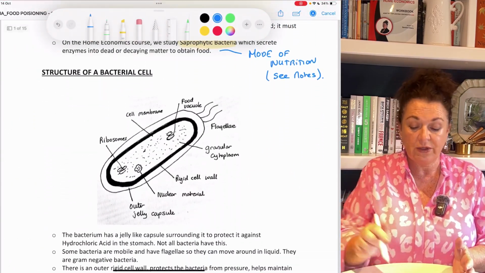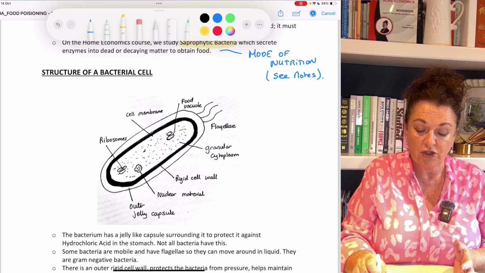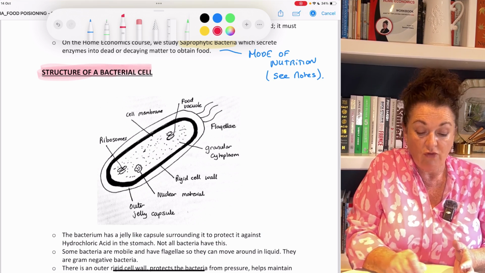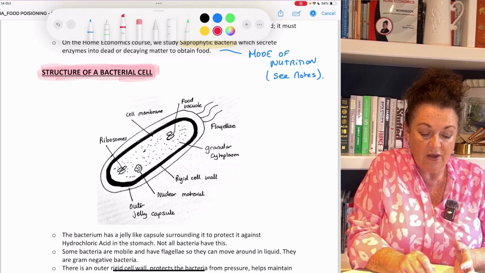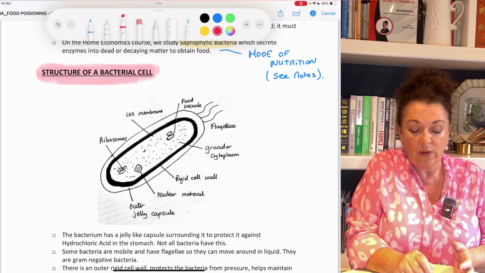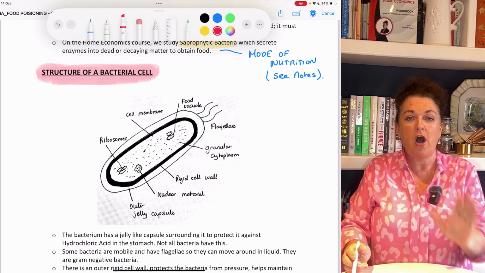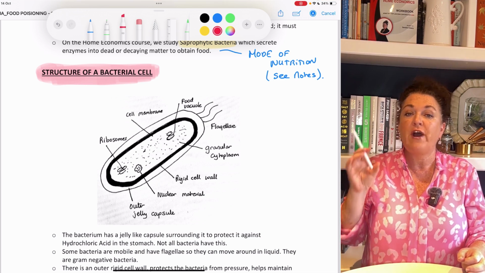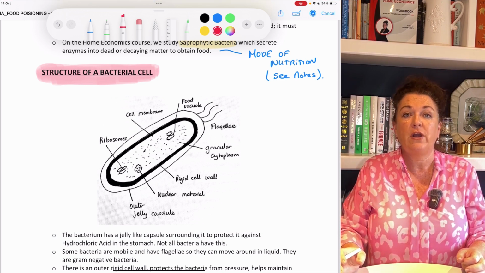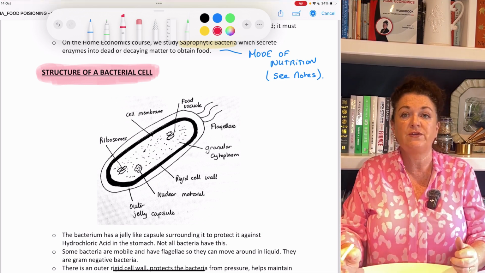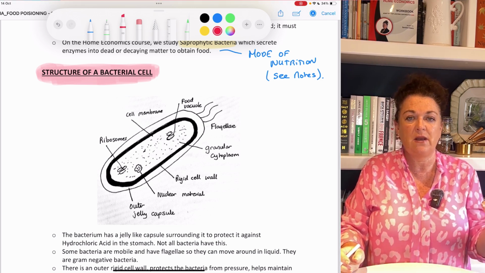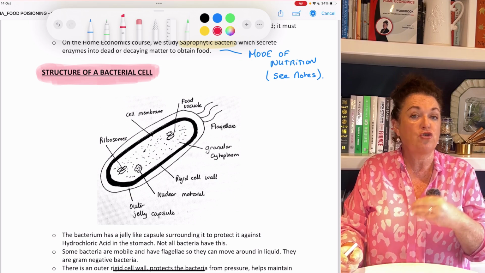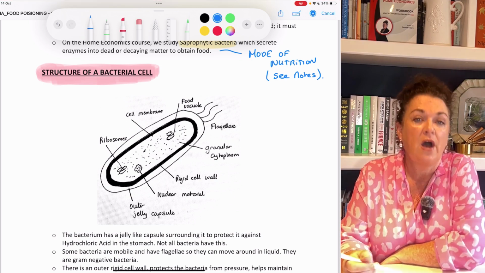Now, secondly, we're going to look at our structure. Unless we have been living under a rock somewhere, I have said on many occasions that when we see the word structure on a home economics exam paper, whether it's the structure of a refrigeration appliance, the structure of a yeast cell, the structure of meat, the structure of a wheat grain, the structure of bacteria, I could go on.